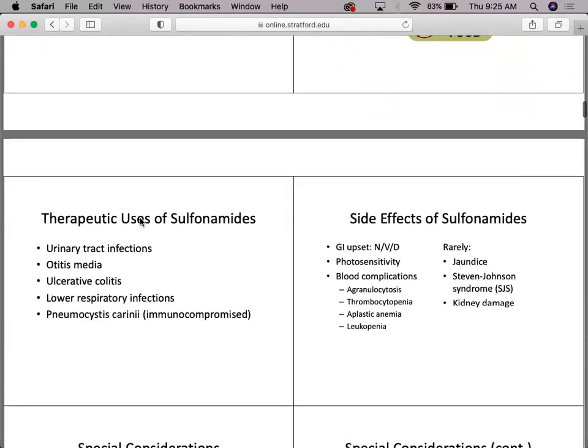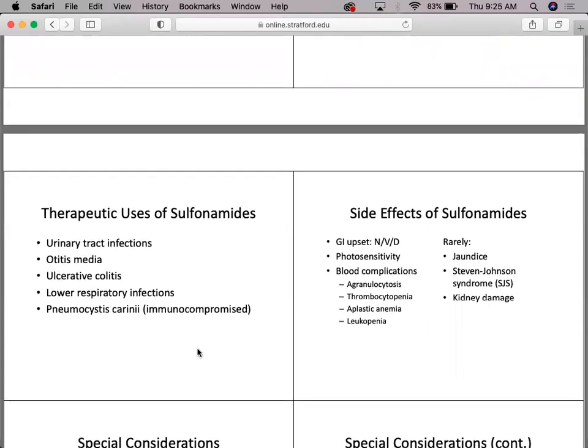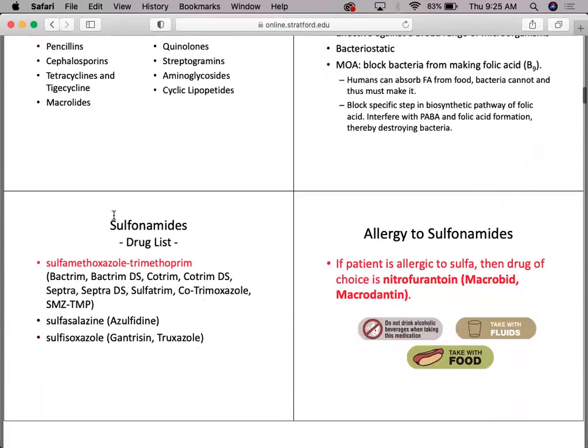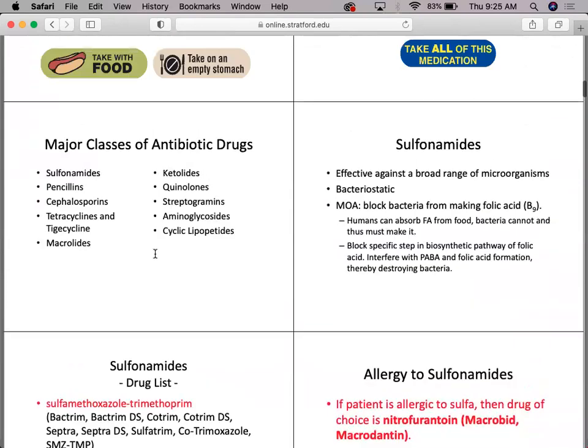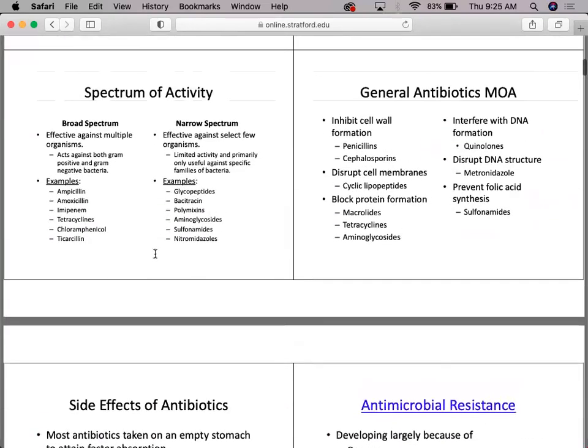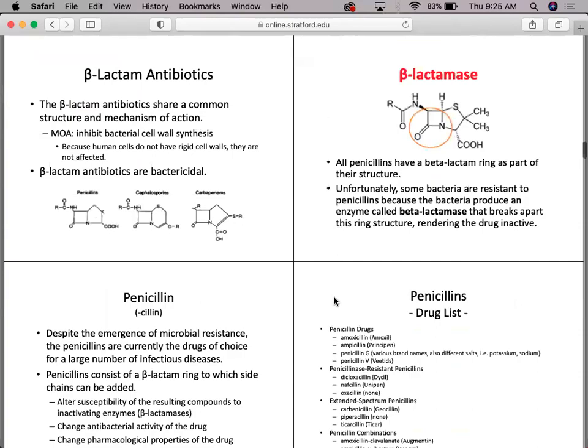You don't have to try to remember all the side effects and all the different kinds of sulfonamides. That's for future training, that's for pharmacology too. But just have a classic example and know that, if we go back to our MOA, sulfonamides prevent folic acid synthesis. And you saw that kind of thing in the midterm.